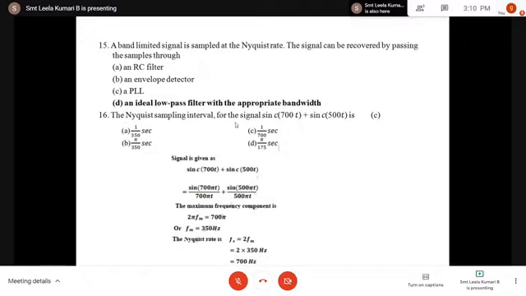But here for the signal, the Nyquist sampling interval. In the question, it was mentioned that we have to calculate the sampling interval, so it is not sampling rate. If it is sampling rate, 700 Hertz. But we have to find the sampling interval, which is equals to 1 by Fs, that is 1 by 700 seconds. So option C is correct.